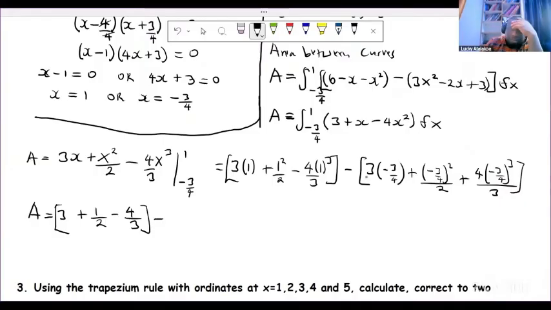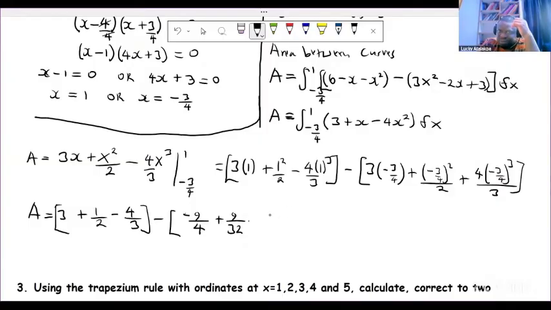Then 3 times 3 is 9, so this will be minus 9 over 4. Then if you square 3, that is 9. If you square 4, that's 16. Mind the negative squared is positive. If you divide by 2, this will become times 1 over 2, so it will be 16 times 2, which will become 32. So let me put 32 here.